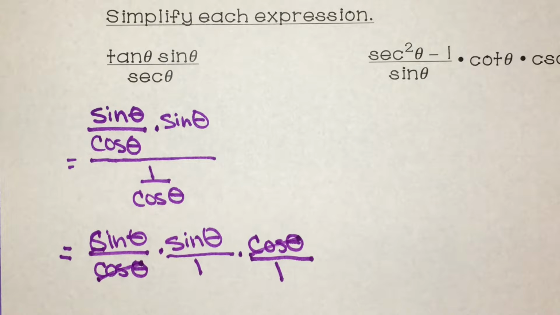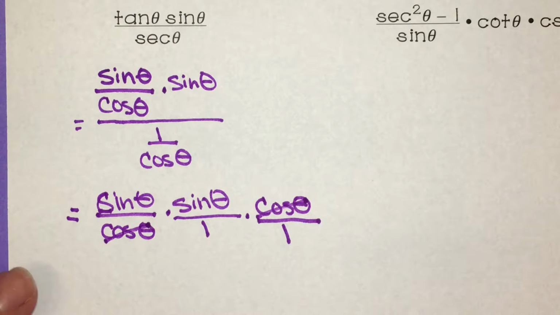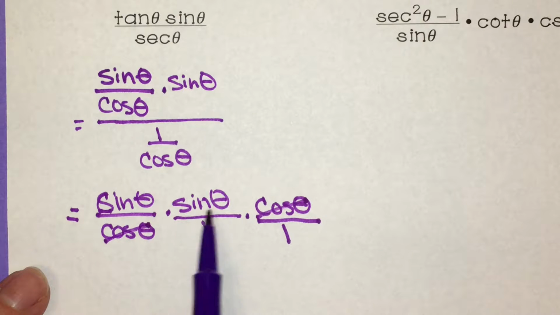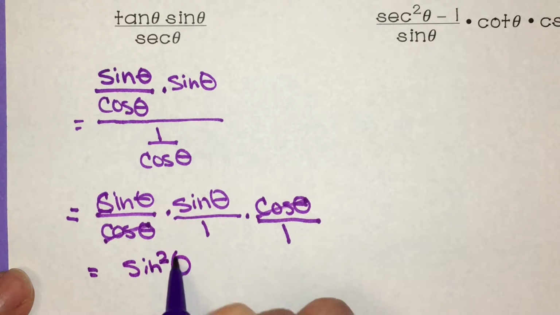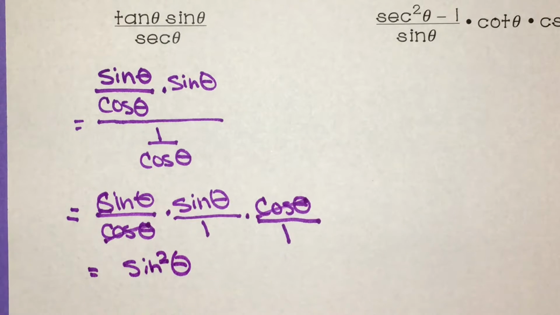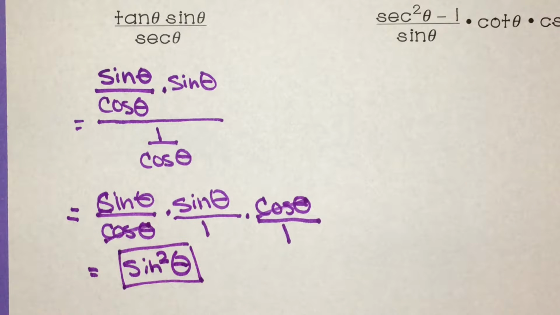Think of 5 divided by 5 equals 1. So they can cancel each other out if it's the same thing and everything's being multiplied together. So I'm left with sine theta times sine theta, which is sine squared theta, over 1, but I don't have to write that, so this is my answer, reduced as much as possible.